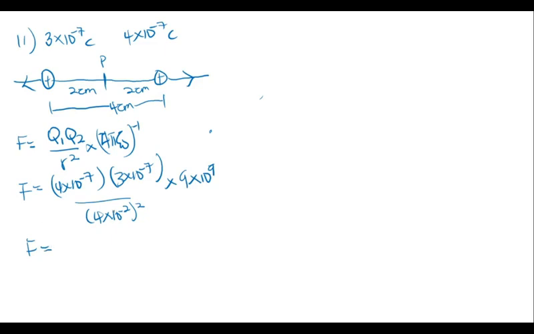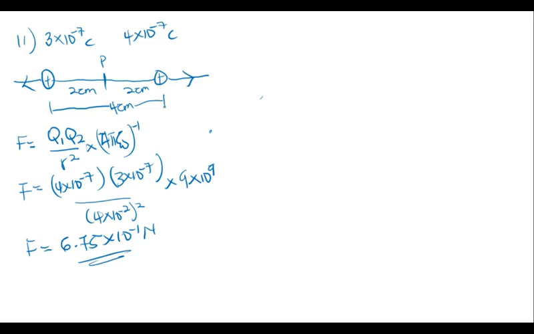If we input everything into the calculator, we get 6.75 times 10 raised to the power minus 1 newtons. So this is the force of repulsion between these two positive charges.